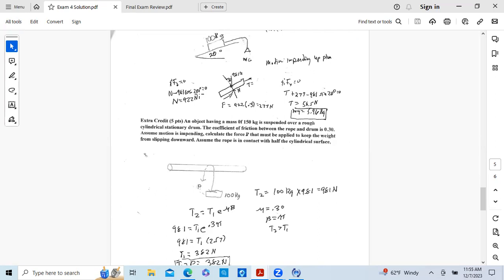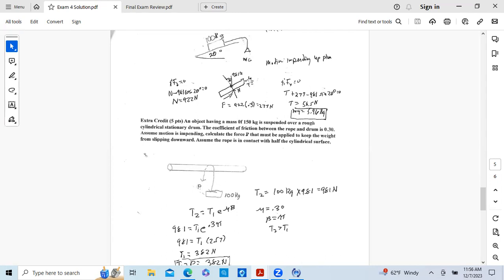So N is equal to 922 newtons. And so the friction is equal to 0.3 times 922 newtons, and the friction force I got is 277 newtons. If we're looking at motion this way, friction force is directed up. So that's what I have here, friction directed up, 277.